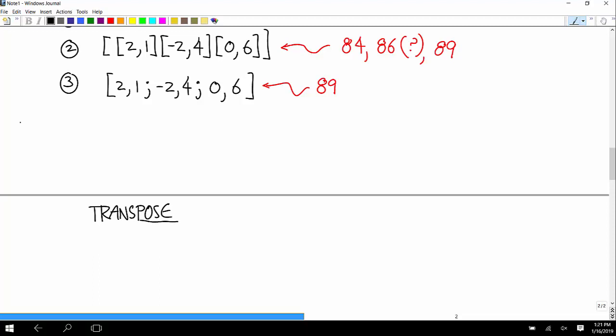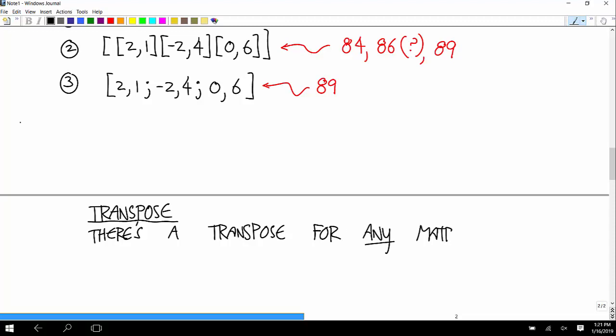There's a transpose for any matrix, no matter what its size is. That's not going to be true of all these things. Some of these calculations require matrices of certain shapes.